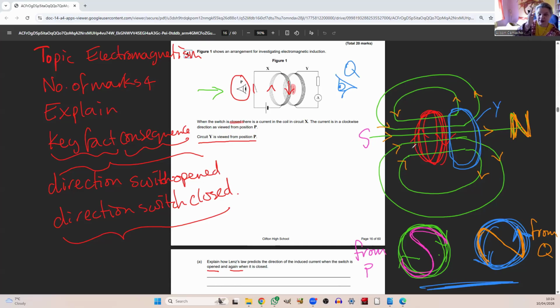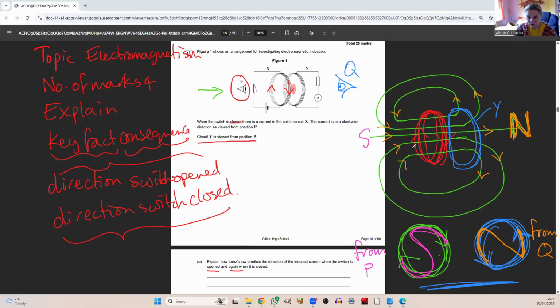After the switch has been on for some time and the magnetic field is established, is the flux changing? No, it's not. Good. Which means that you only induce an EMF in the Y coil when you switch it on and again when you switch it off.